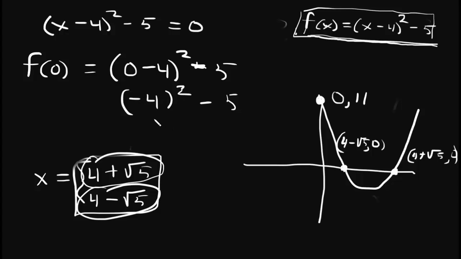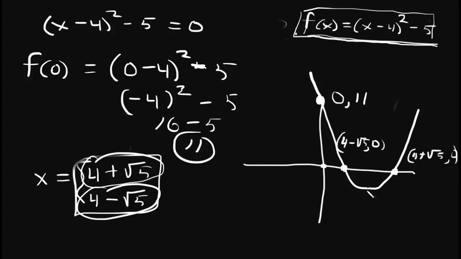And 4 squared is 16, so we've got 16 minus 5, which is equal to 11. So when x is equal to 0, y is equal to 11, and here we are at point 0 on the x-axis. And we know at this point the y height is 11. So I know that my graph is going to go through the y-axis at (0, 11).